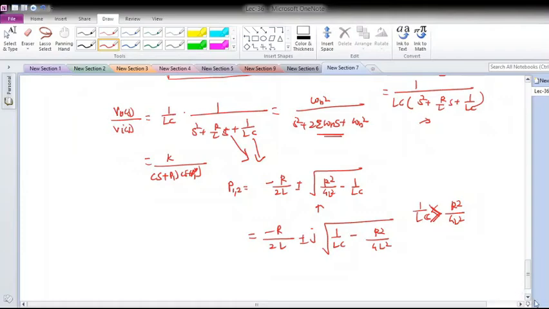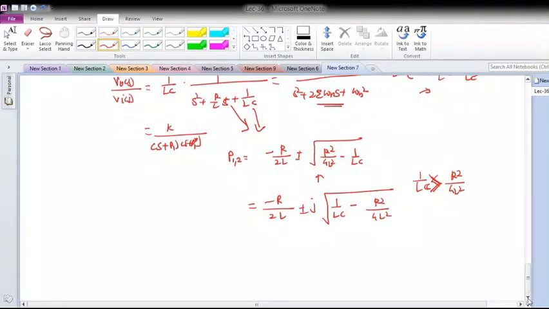Now here I am interested to find the frequency where I will get the maximum magnitude for this voltage ratio transfer function. There are many ways, but in this particular case we will analyze it using the graphical representation so that we get some more insight into it.